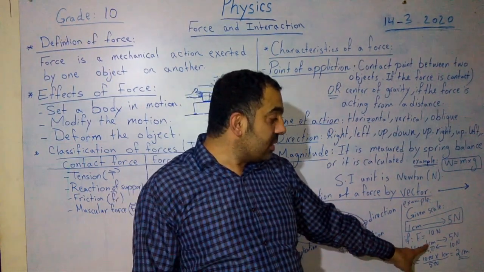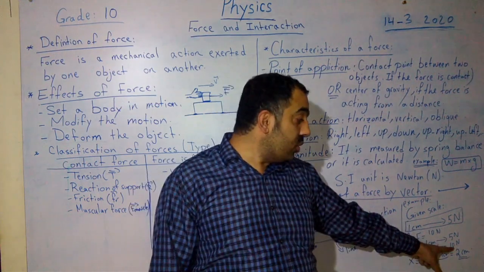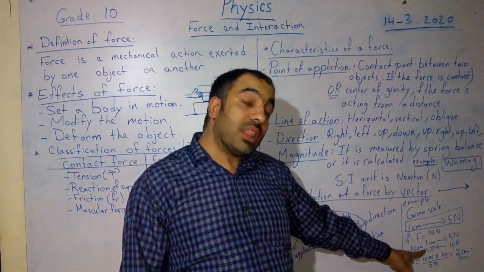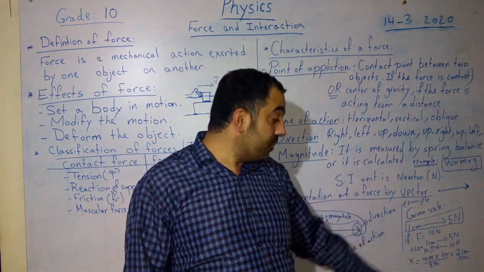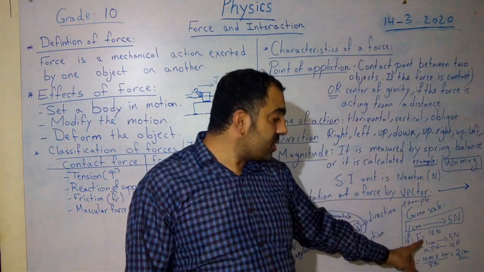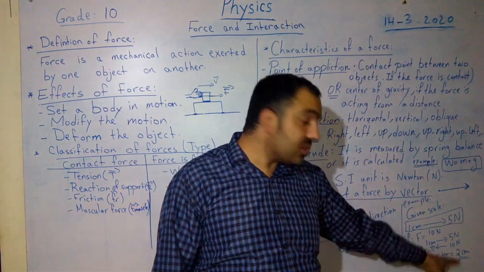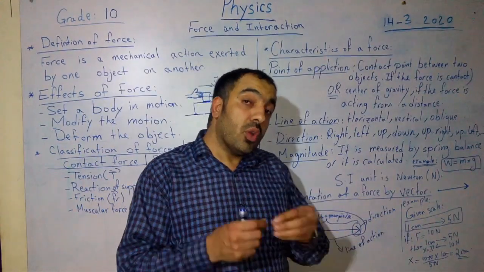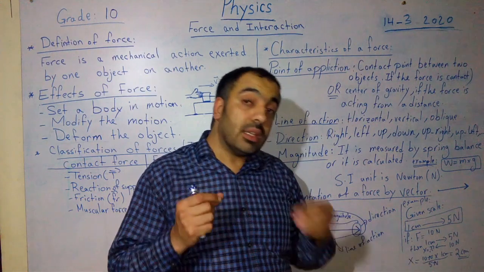We say 1 centimeter is 5 Newton, then 10 Newton is what length? Simple rule of three: x equals 10 Newton times 1 centimeter over 5. The answer is 2 centimeters. So the vector of this force has a length equal to 2 centimeters.